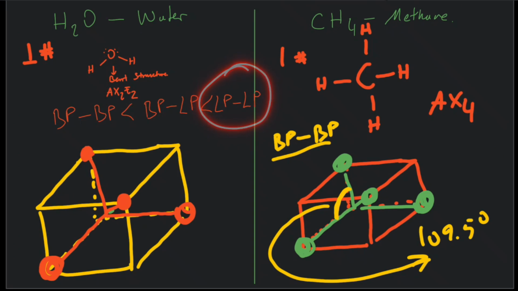So here we have lone pairs, and this interaction is high. So this is the strong interaction, and this is the weak interaction.